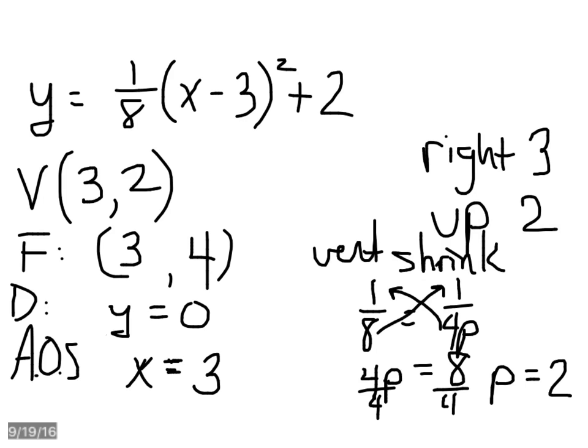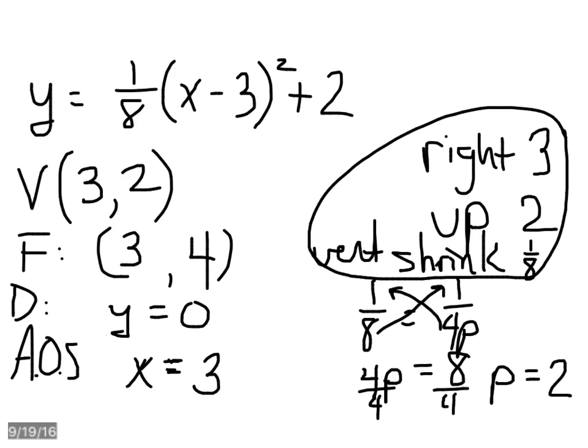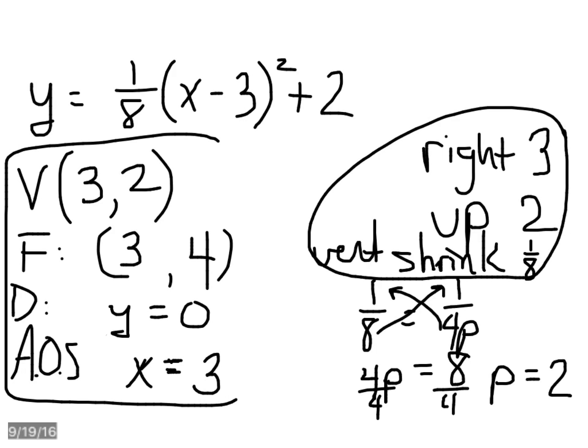By how far? 1/8. So there's the transformations. There's the vertex, focus, axis of symmetry, and directrix. That's what they're asking you to tell me on the last half of the assignment. Just tell me the pieces. It does not say sketch the graph. So you do not have to sketch it, nor did I.